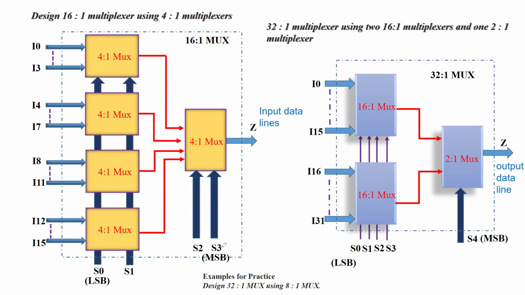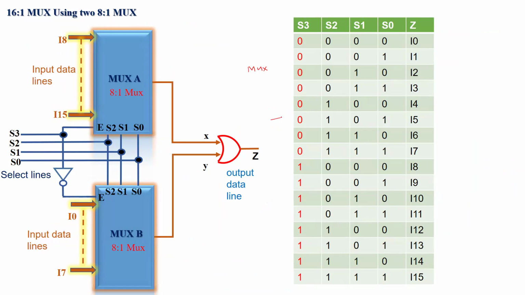It depends on the select lines. You have got 4 select lines, S3 to S0. Make a truth table, just like in a previous slide. With that, you can see that S3, S2, S1 and S0 put all the possible combinations of input. For example, let us go to the previous slide and look at this truth table.